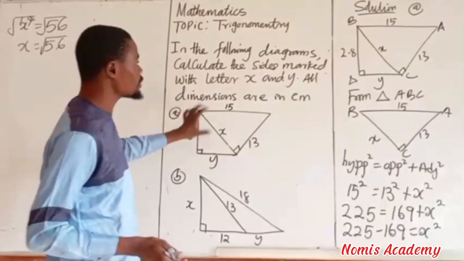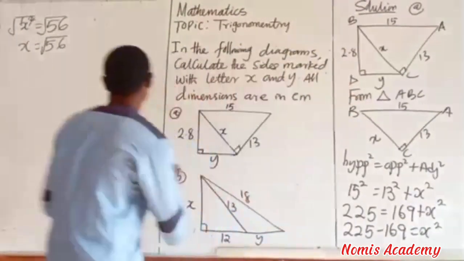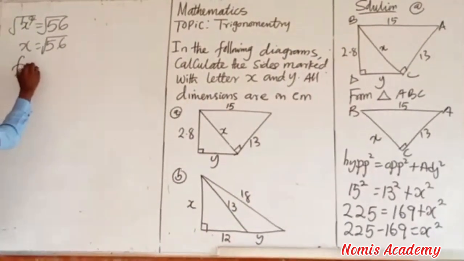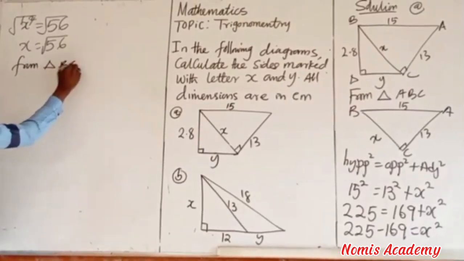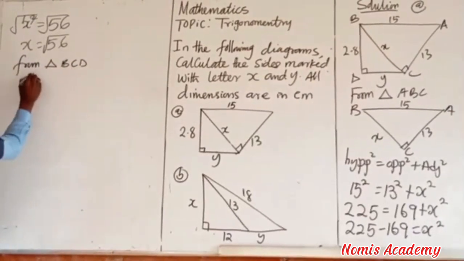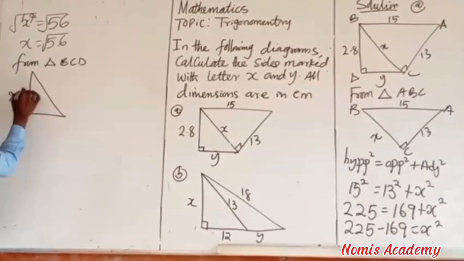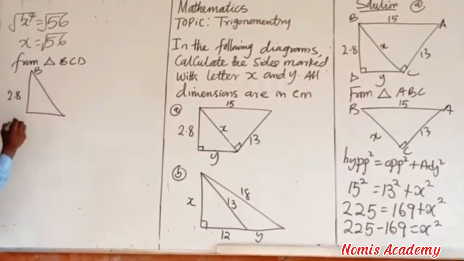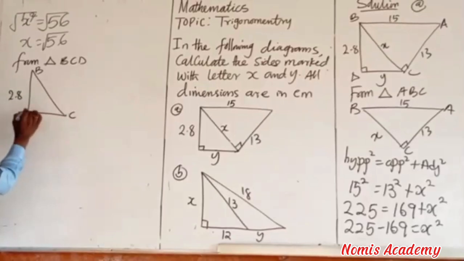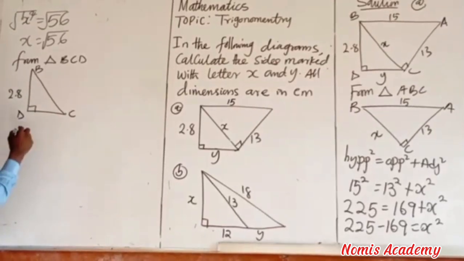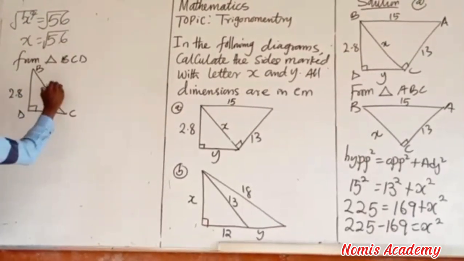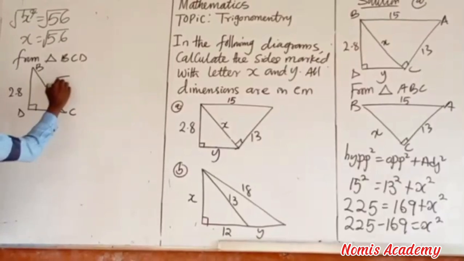You have to now say from triangle BCD, we have something like this. Here we have 2.8. Here is our B, here is our D, here is C. We have a perpendicular side there. Here we have X, and we already have X as the square root of 56.